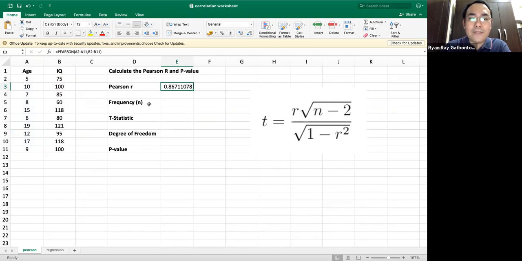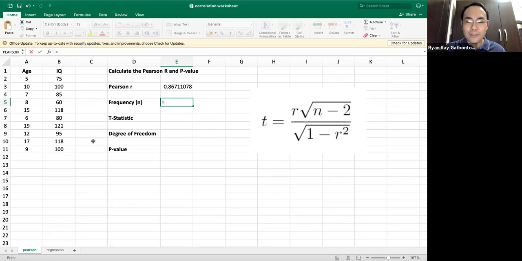Now, to get the p-value, we have to identify the frequency, the t-statistic, and your degree of freedom. To identify the frequency, we just count this data. We can manually count it, or we can use the formula count. So we type equals, then the word count, open parentheses, and highlight just one column to count all the data.